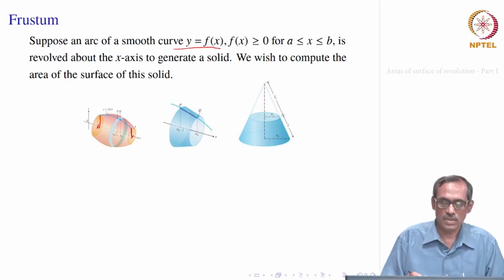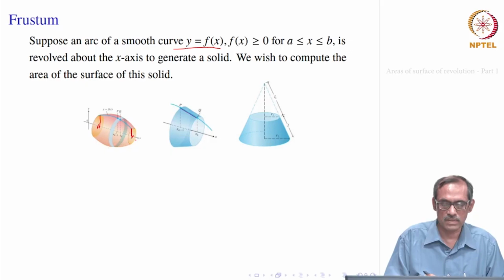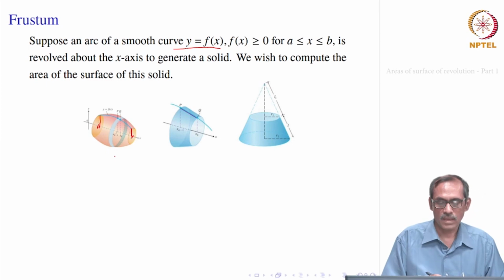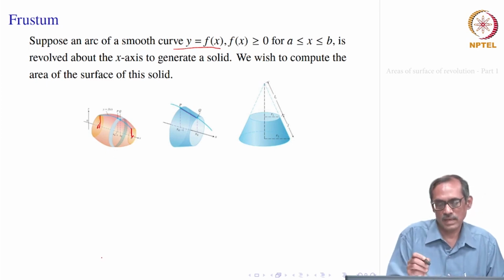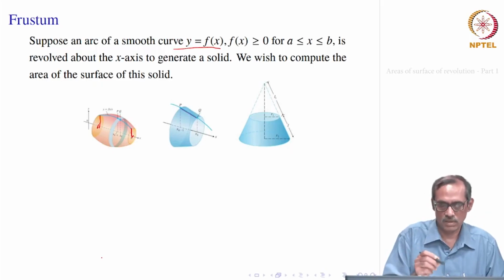Now, as earlier, we will be dividing this interval a to b into smaller portions, and in each of the smaller portions, we will try to approximate the surface area, which is painted light blue here. We want to approximate that and then take the sum of all such small bands to get the area of the surface.